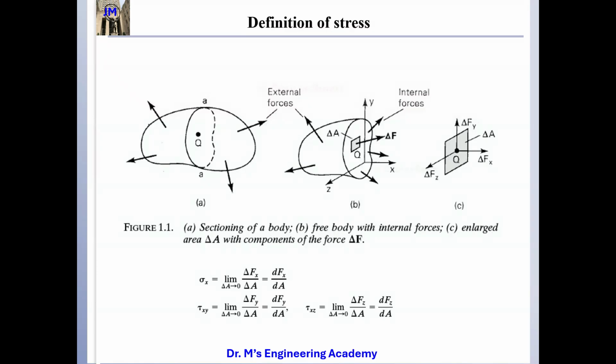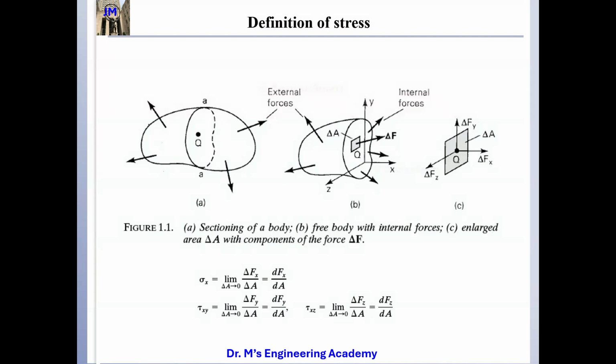The first subscript denotes the normal direction of the plane you are interested in. For our case, the normal direction of my plane is x. The second subscript, y here, is used to denote the actual direction of the stress. Here, this is in the y direction.